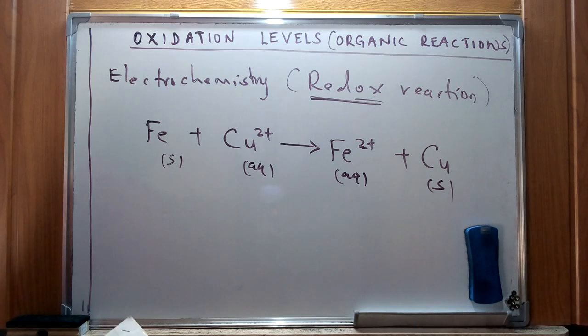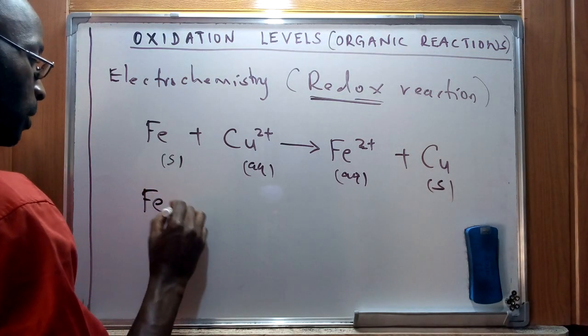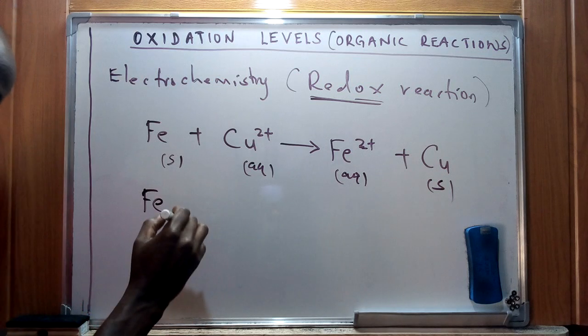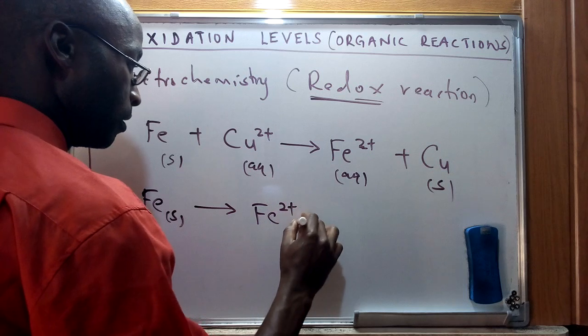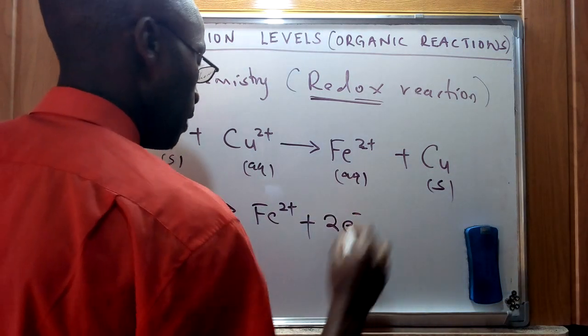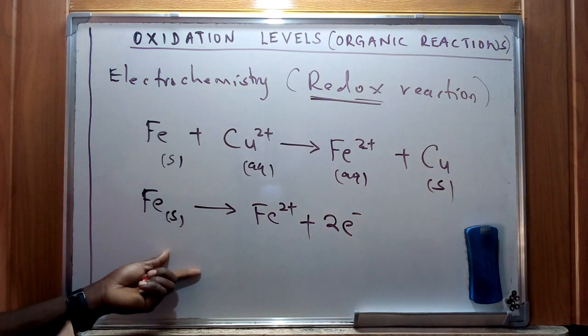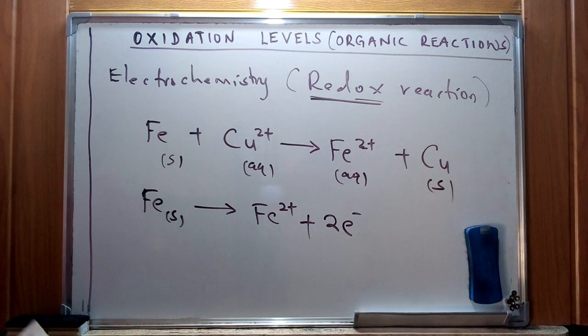If you write the individual ionic equation for iron, we're going to see that the iron, which is a solid, undergoes a process leading to formation of ions, plus of course 2 electrons. From the reacting species, this is going to lose 2 electrons to form an ion.